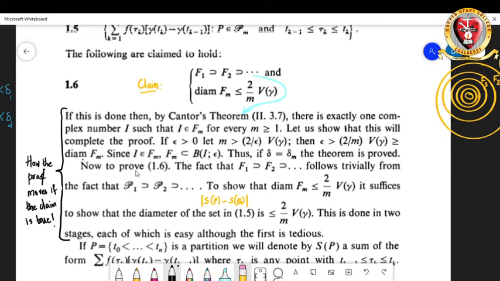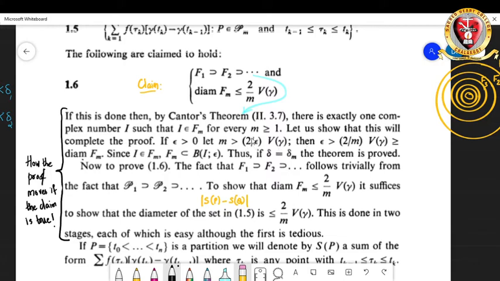Suppose both are true and epsilon is greater than 0. Let m be strictly greater than 2 by epsilon into v of gamma.